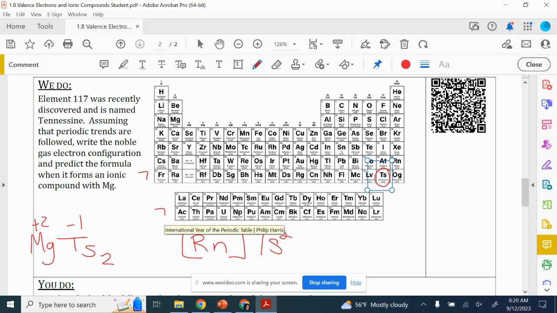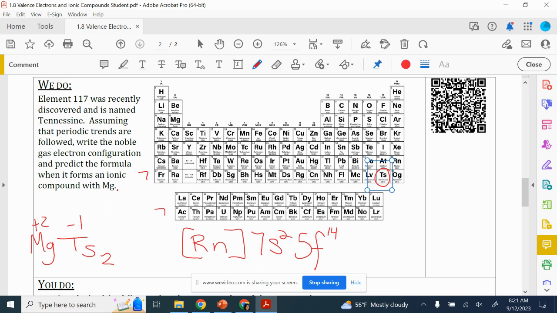But remember, when we're doing this, what do we have to do with that number? Subtract 2. So it's going to be 5f. And how many things are in that block? That's 14. And then I'm going to pop back up here and grab this row. What is that in my electron configuration? It is period minus 1.